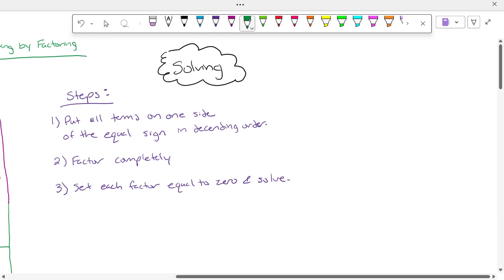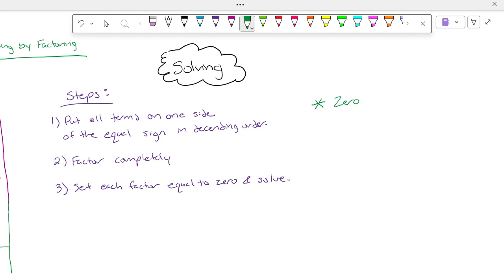Now, it asked me to also state what the zero product property is. So I'm just going to state that off to the side.